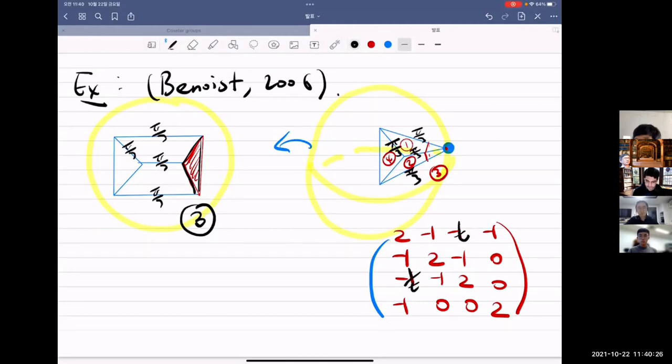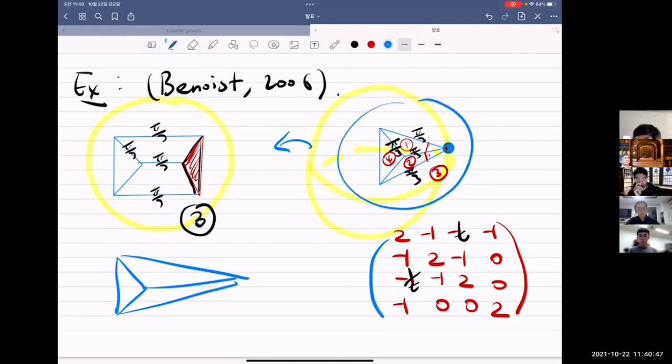Yes. It's no longer symmetric, so we cannot have this hyperbolic space, but it's okay. It's a Cartan matrix. In this case, we have some tetrahedron, but it's a different tetrahedron than the original one.